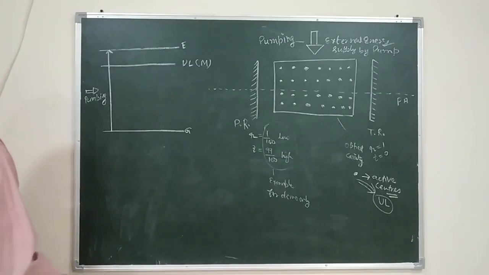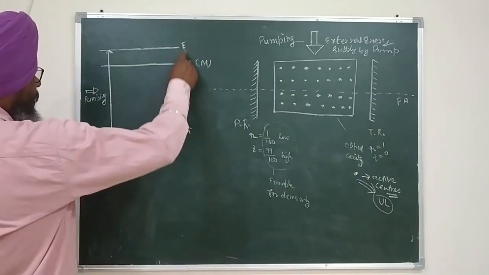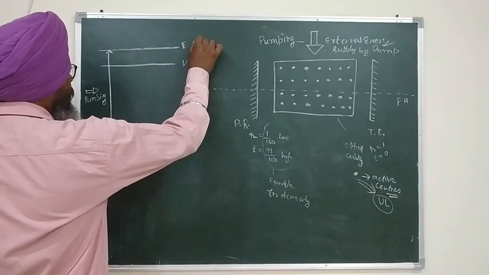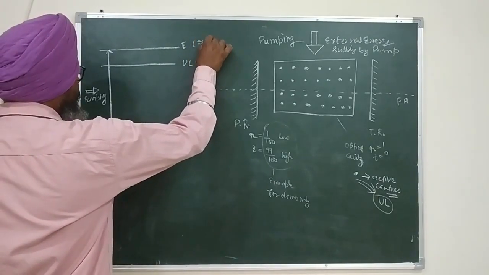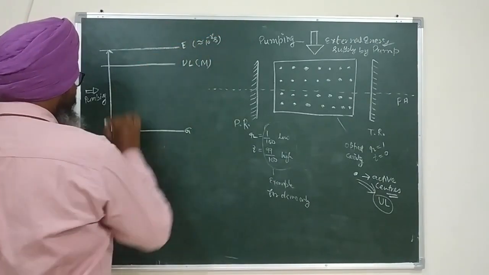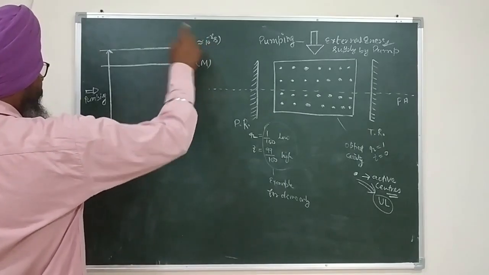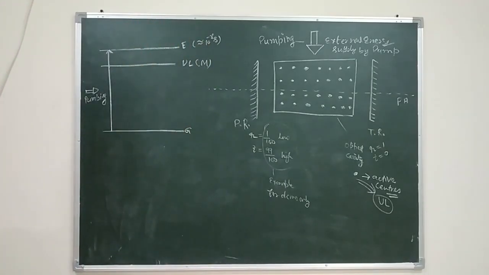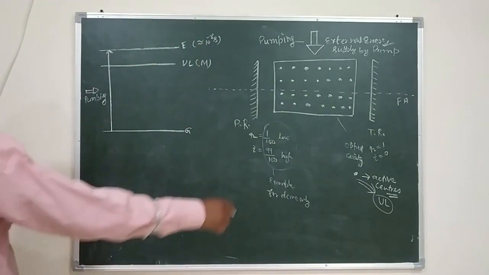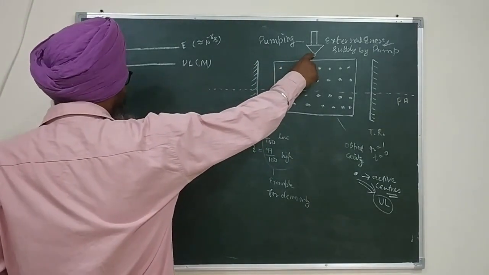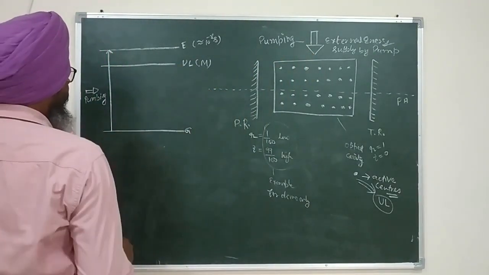Next is that this is a normal excited state. So usually the lifetime of this is of the order of 10 raised to power minus 8 seconds. I will again take the example that within this 10 raised to power minus 8 seconds, the energy supply can excite only 100 atoms.